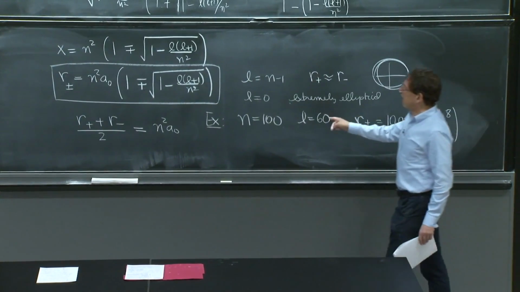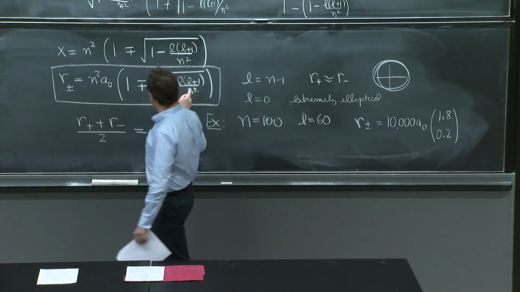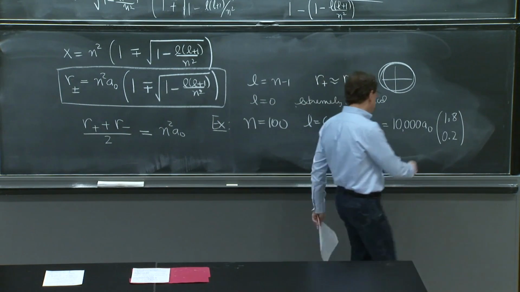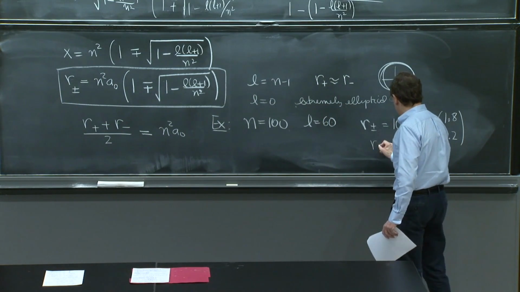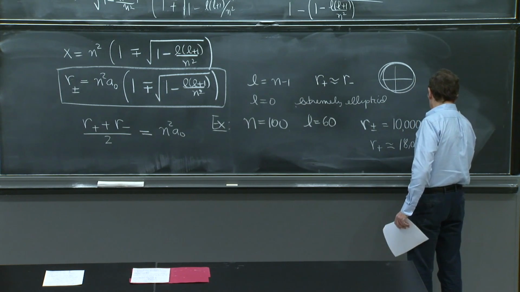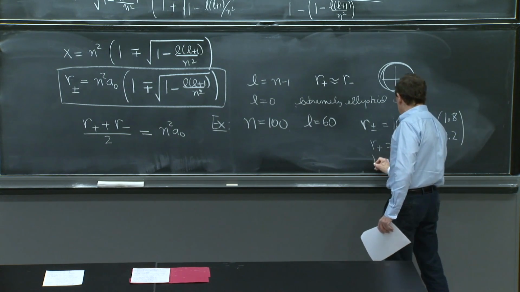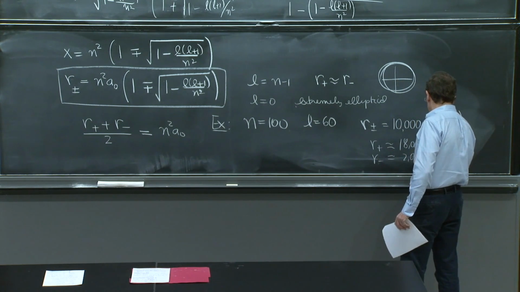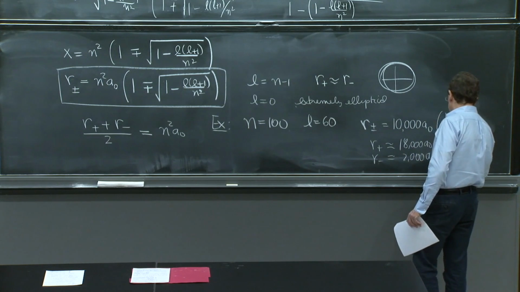That's what you get for L equals 60 and n equal 100. So for this orbit, you have r plus about 18,000 a0 and r minus about 2,000 a0.